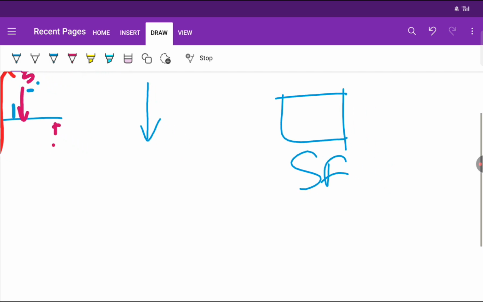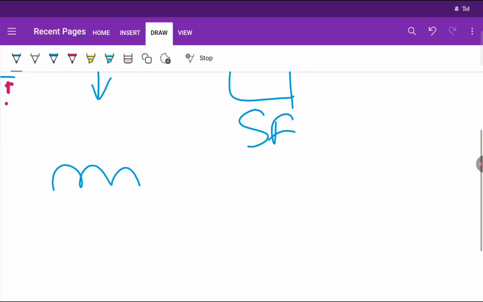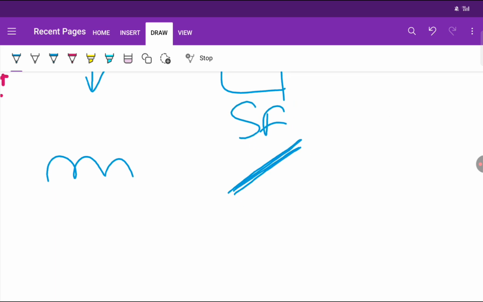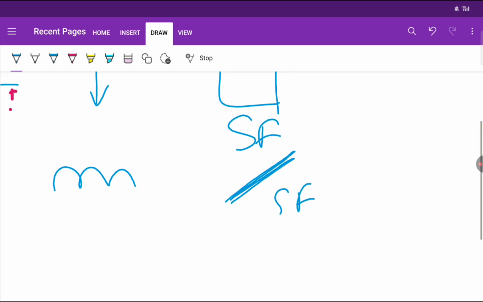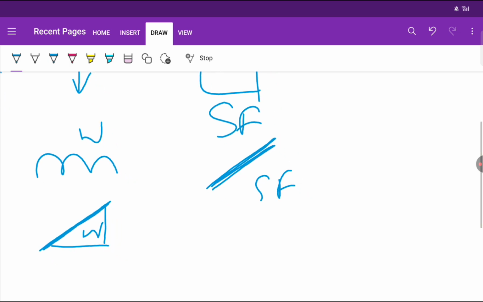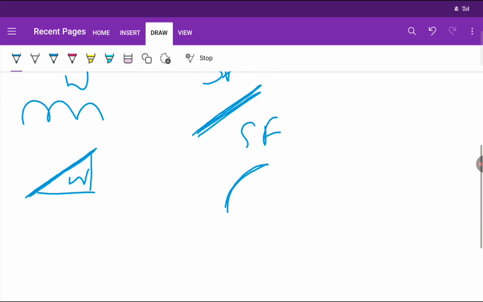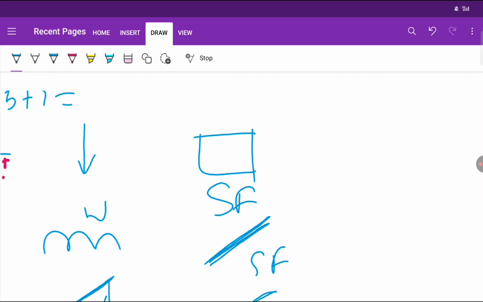If the load diagram is UDL, uniformly distributed load, then we will have triangular or linearly varying shear force. If the load diagram is uniformly varying load, then we will have parabolic shear force.